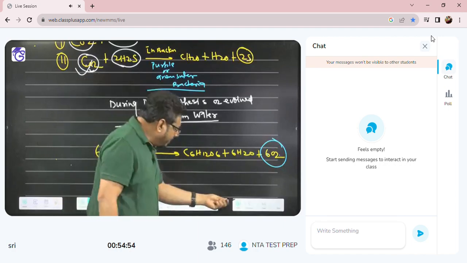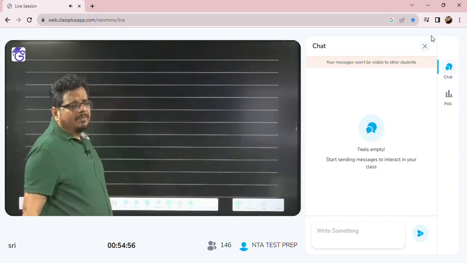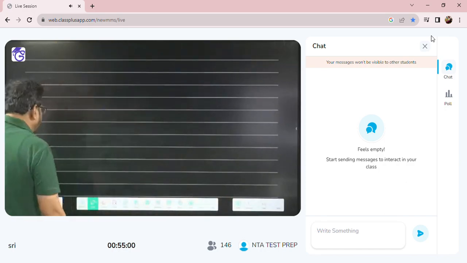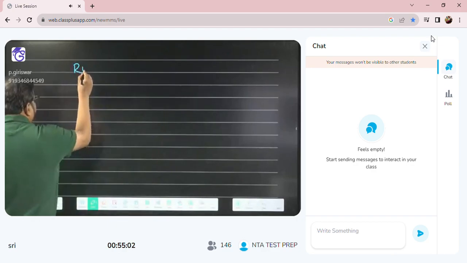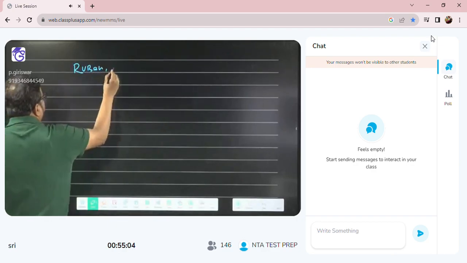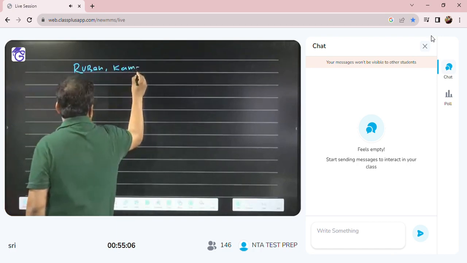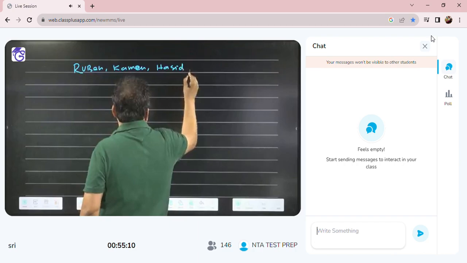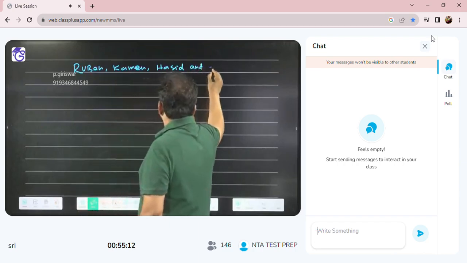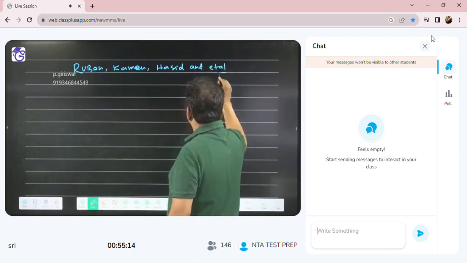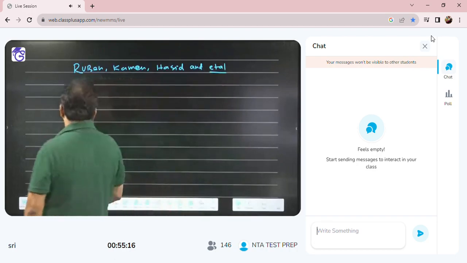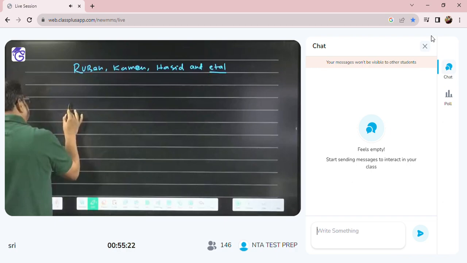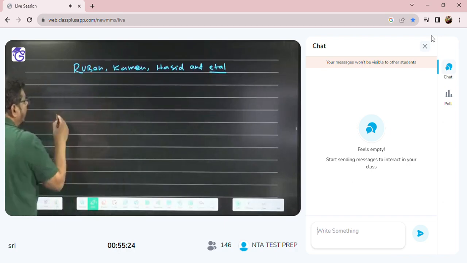So experimental proof that water gives oxygen is given by Reuben, Kamen, Hassid and co-workers, written as et al. They got the Nobel Prize for their work also. They took the help of radioisotopes.